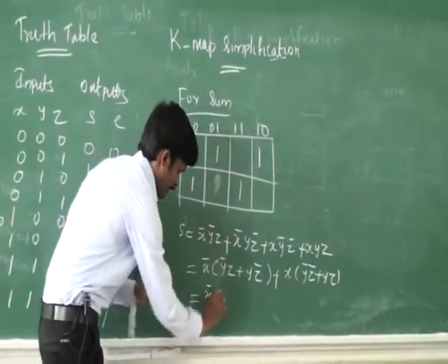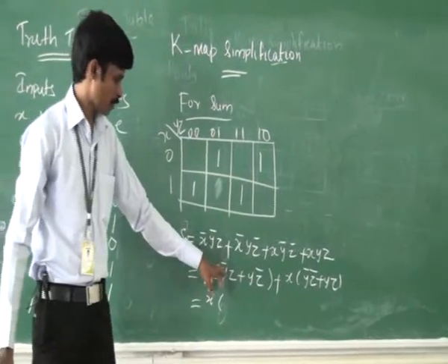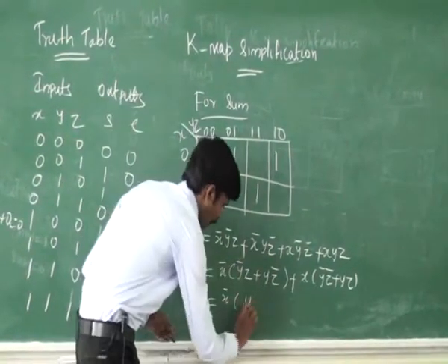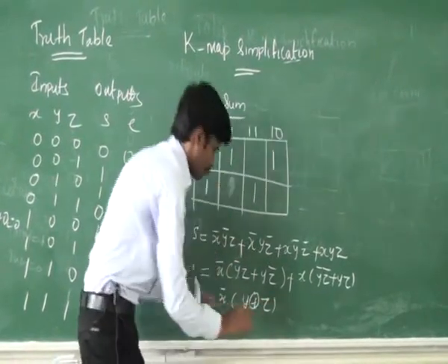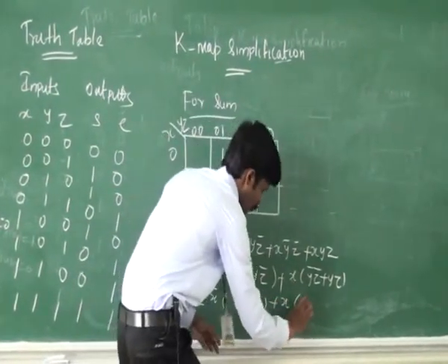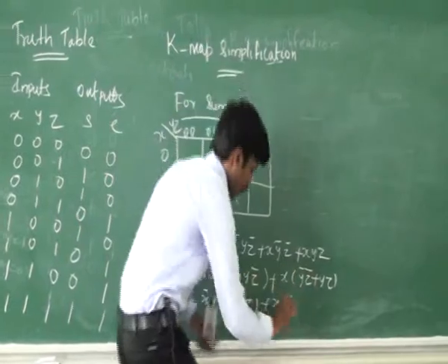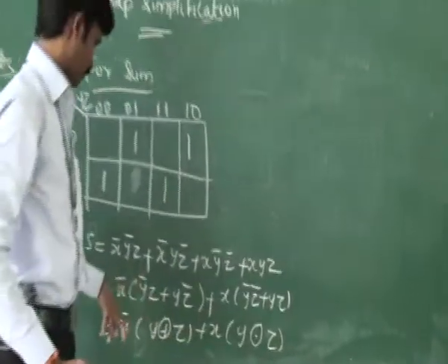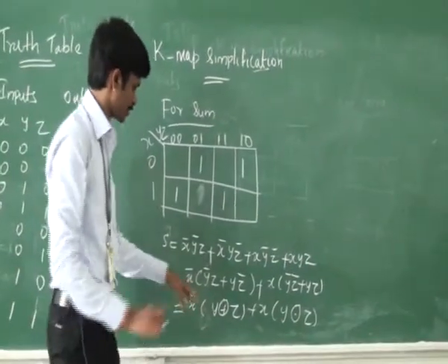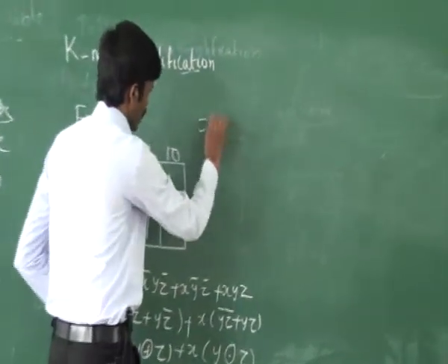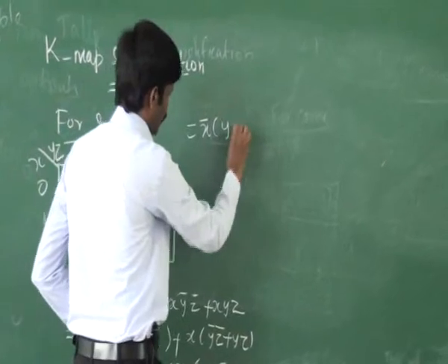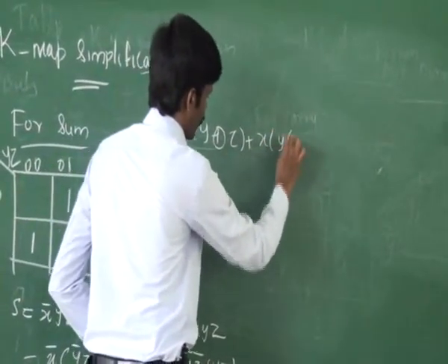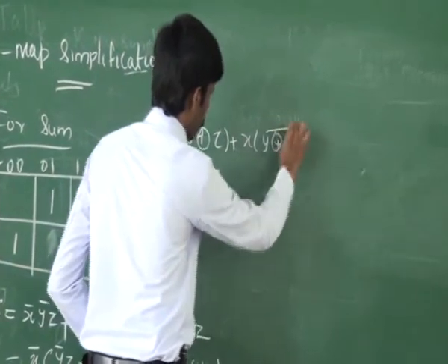Now we know that y bar z plus y z bar is equal to y XOR z, plus x into, this can be written as y XNOR z. Now this can be written as x bar into y XOR z plus x into y XOR z whole bar.